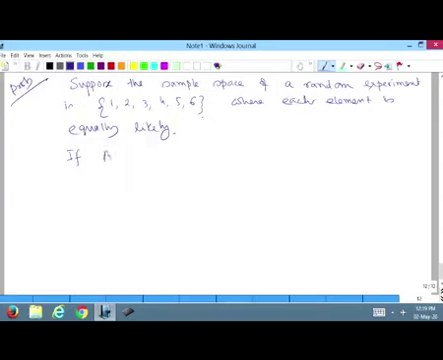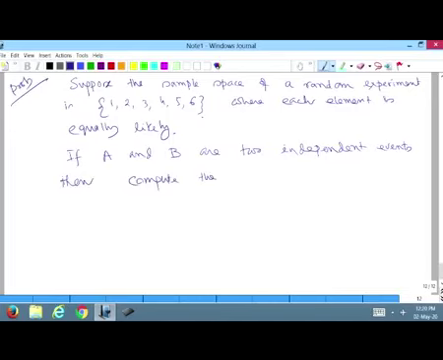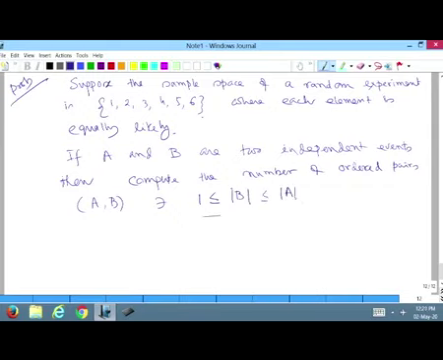If A and B are 2 independent events, then compute the number of ordered pairs (A, B) such that 1 ≤ |B| ≤ |A|.